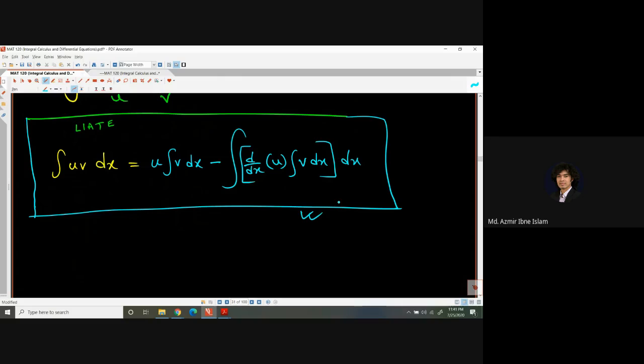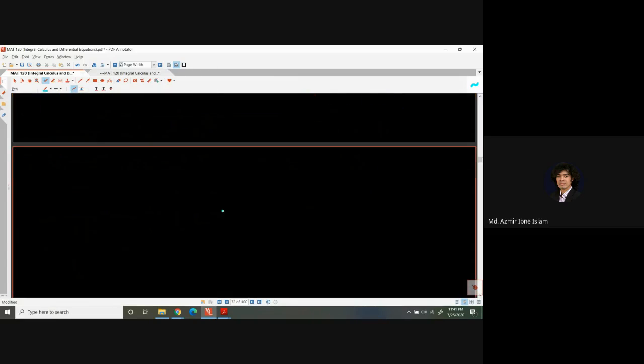So let's take one example. Suppose we have the integration of x e to the power x dx. You can see that this is in u times v form, but we have to figure out which function, either x or e to the power x, will be u.